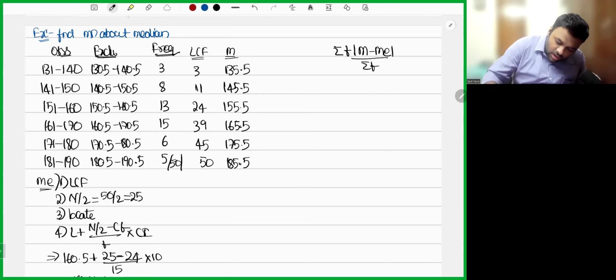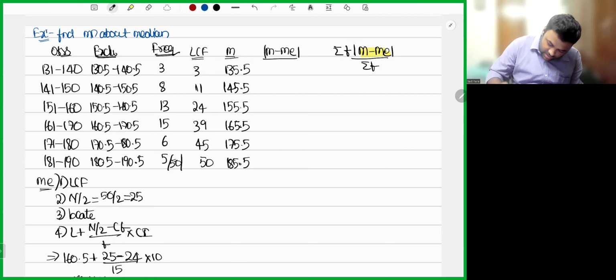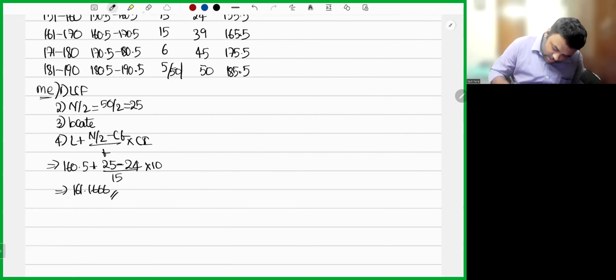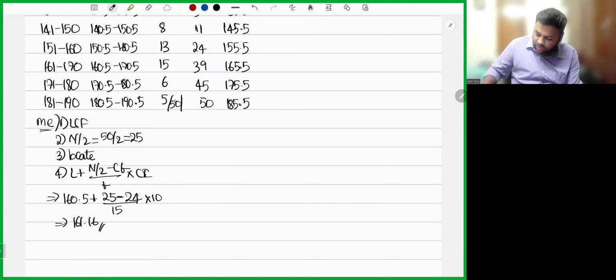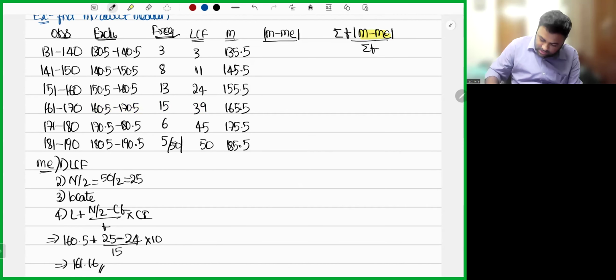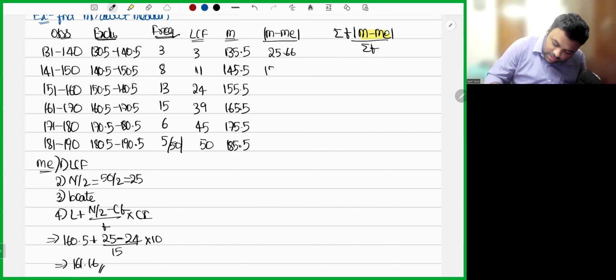Okay. Now, mid value minus median. Don't forget the modulus is there. Let me take only 2 decimals, it's enough: 161.16. 135.5 minus 161.16 is 25.66. Then 15.66, 5.66.